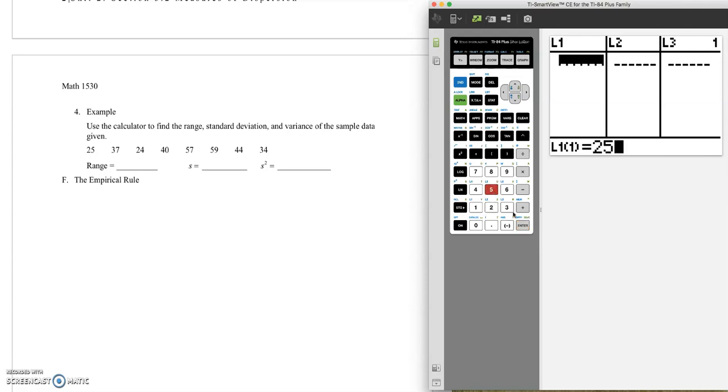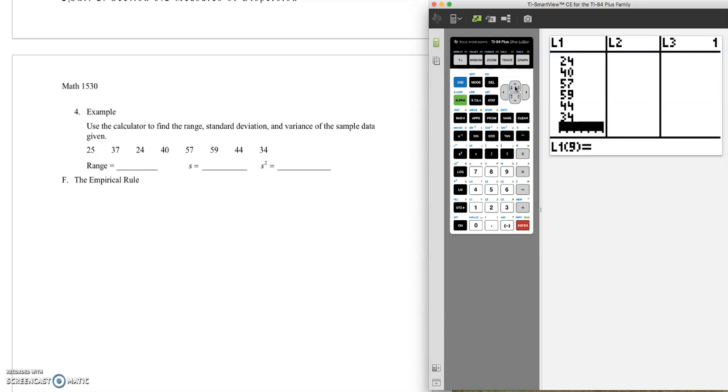So now enter your data values from this example. So we have 25, 37, 24, 40, 57, 59, 44, 34, and I'm going to check in reverse order.